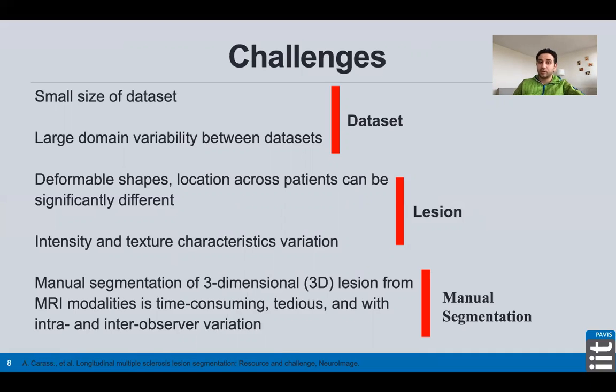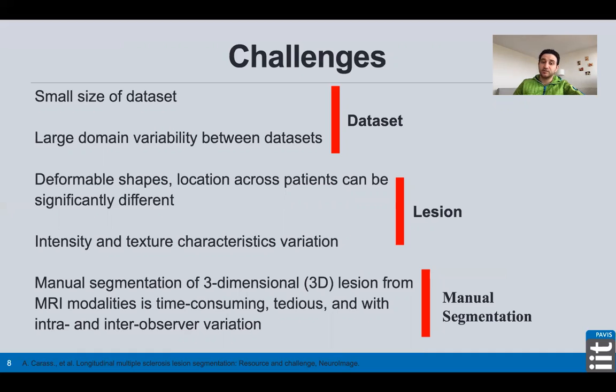The location also differs between patients, and the intensity is really close to some parts of the brain, which makes it difficult to identify lesions. Manual segmentation is really tedious and time consuming because all the lesions are in 3D, so it takes a lot of time to segment them.